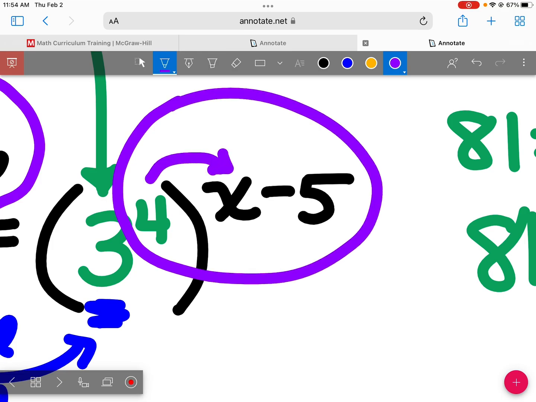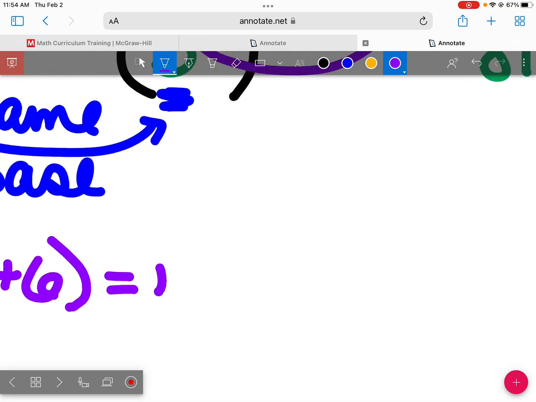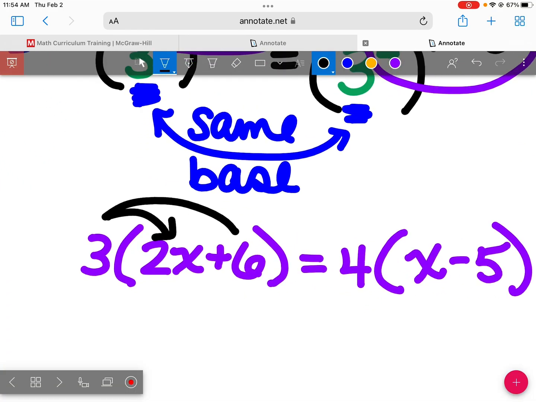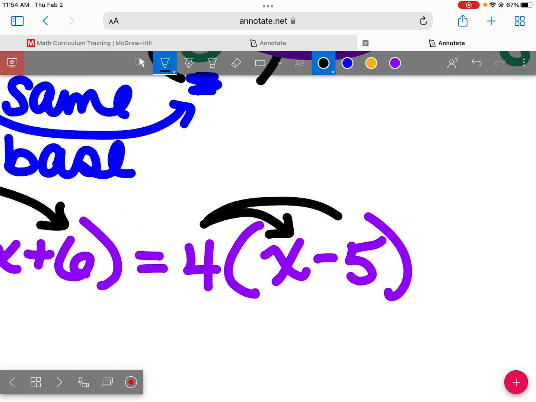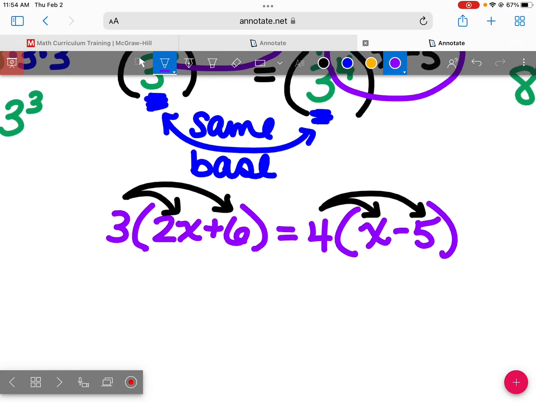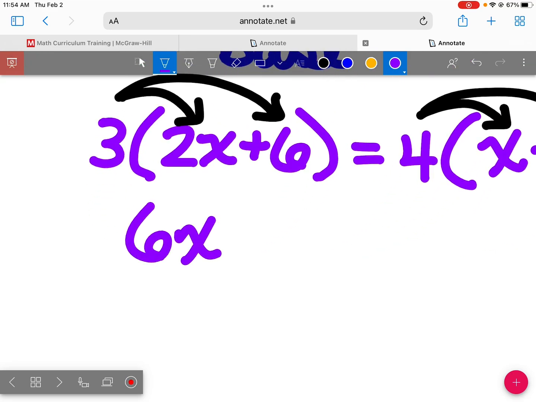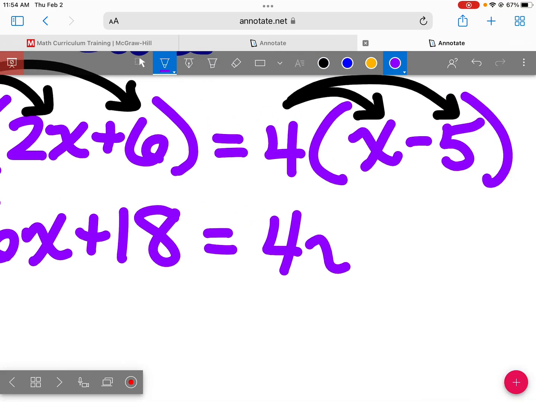Four times x and 4 times negative 5, yes. So 4 times x minus 5. Then I'm going to show my distributing work. If you distribute in your head and you write down what it is, that's fine. Just don't forget to distribute. 6x plus 18 equals 4x minus 20. You're absolutely correct.